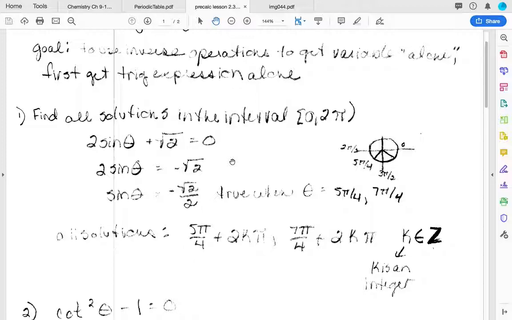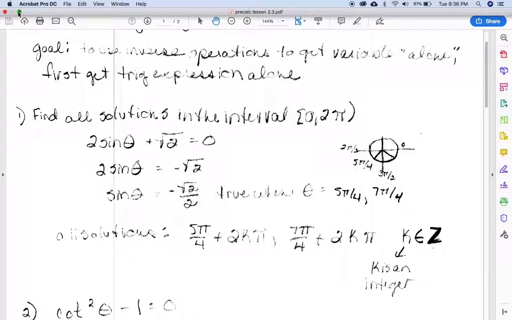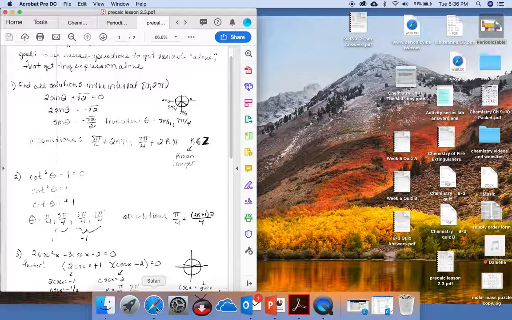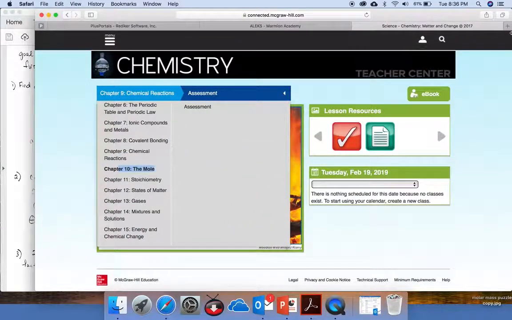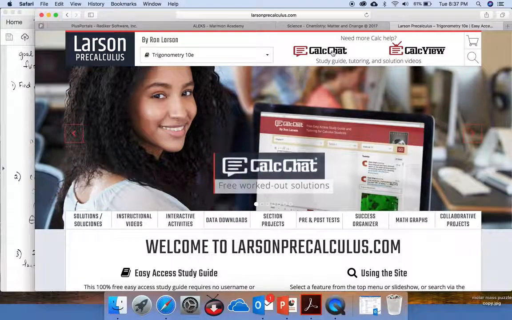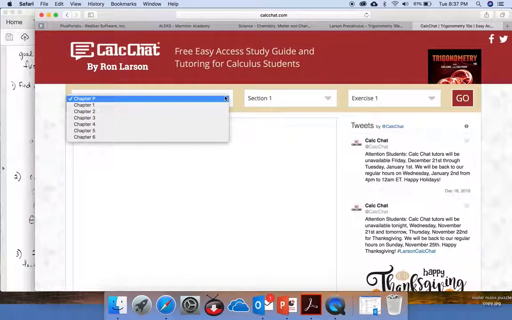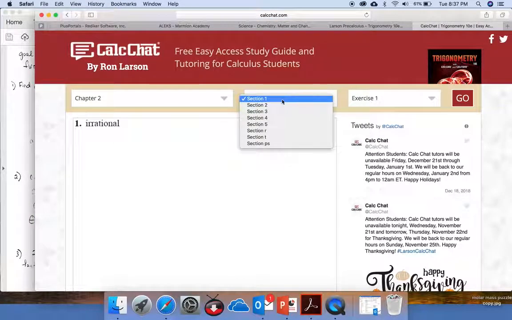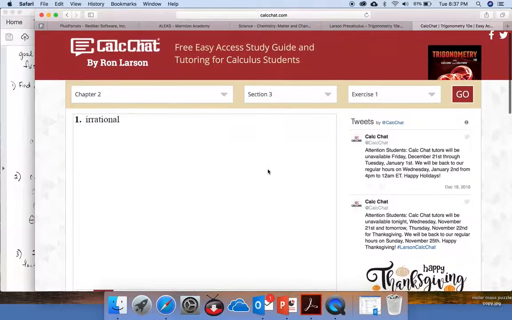You're always welcome to look at the homework, the odd numbers in the book, and they're also available on the Larson website in case you don't have the book. For the Larson website, let me show you where to go. So if you click on Larson Precalculus, click on Calc Chat, we are on Chapter 2, Section 3, hit Go.